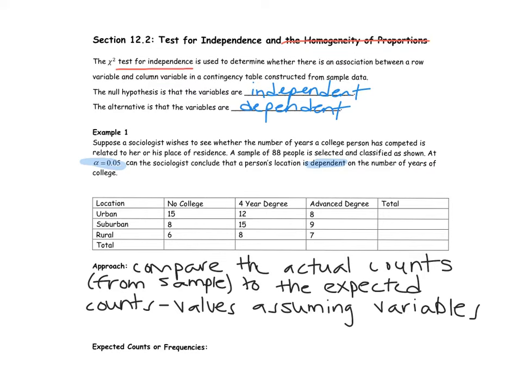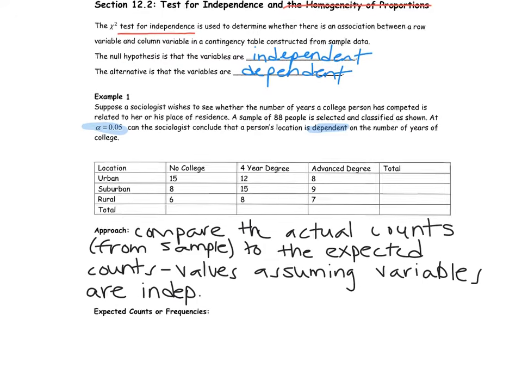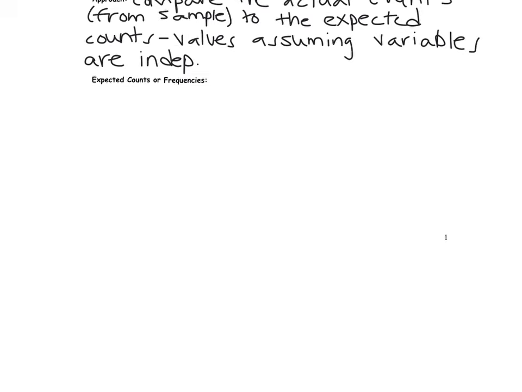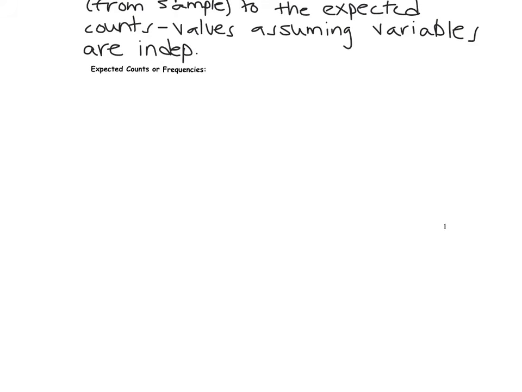So let's see how we're going to get the expected counts. Okay, so if we recall from our Chapter 5 lecture notes, variables are independent if the probabilities don't affect each other.